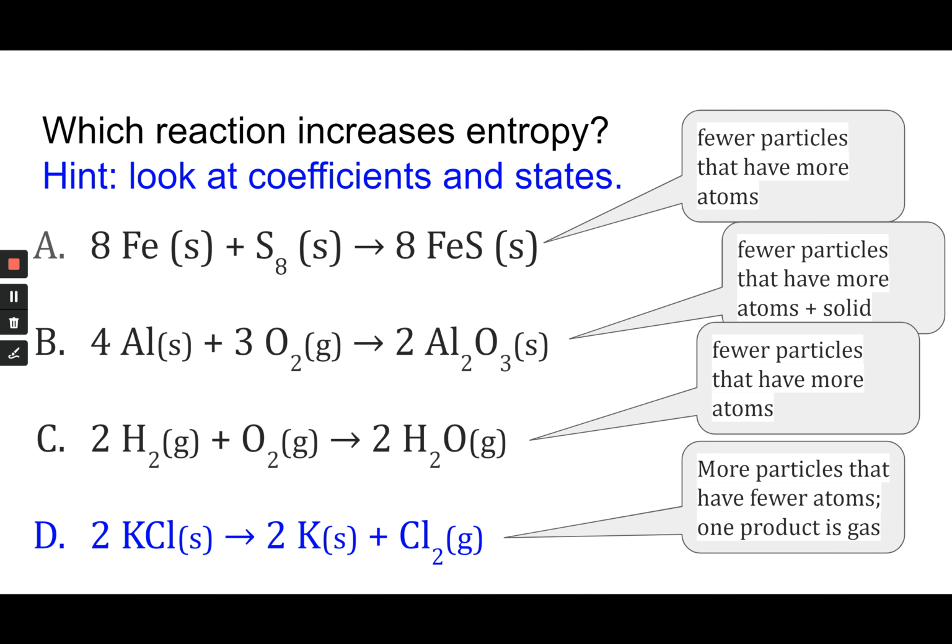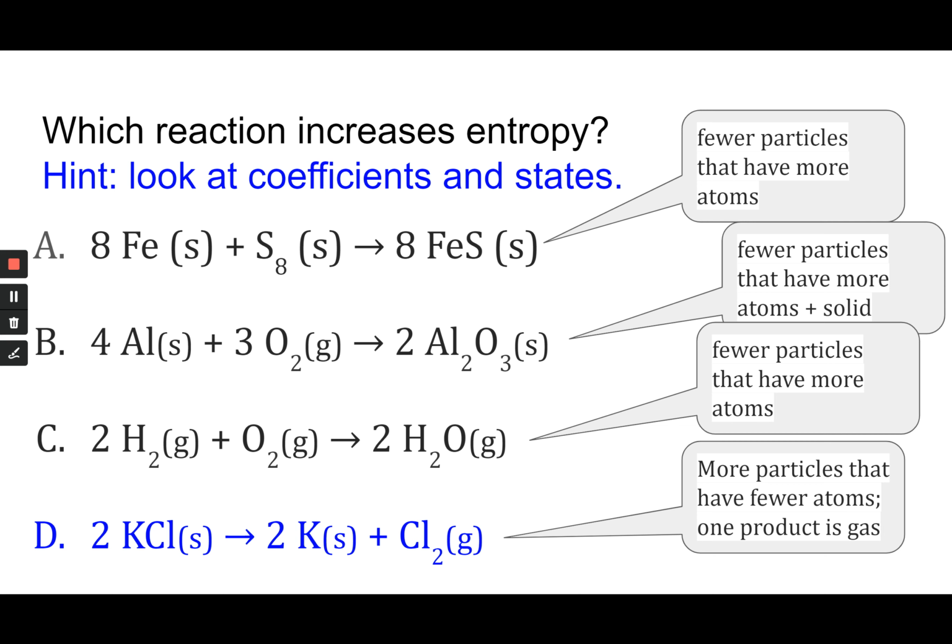So with selection A, we had 8 iron atoms plus 1 sulfur molecule, and we made 8 iron sulfide formulas.